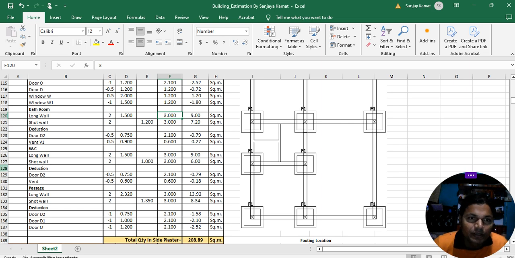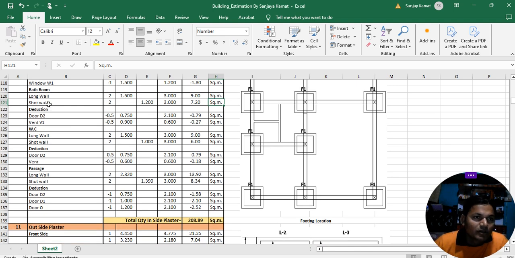After multiplying all, you will get 9 square meter. Now coming to the short wall, number of short walls will be 2, breadth will be 1.2 meter, and thickness will be 3 meter, giving 7.20 square meter.